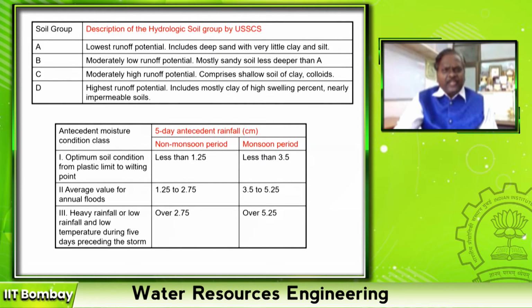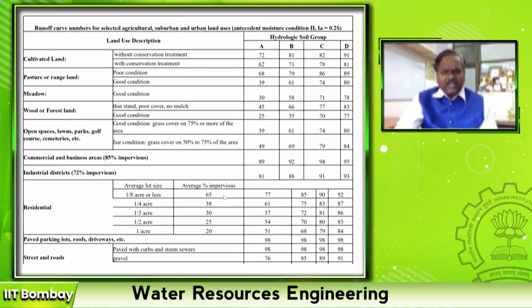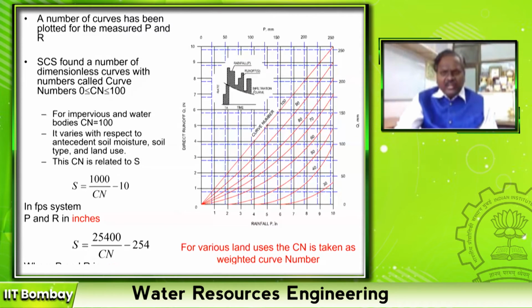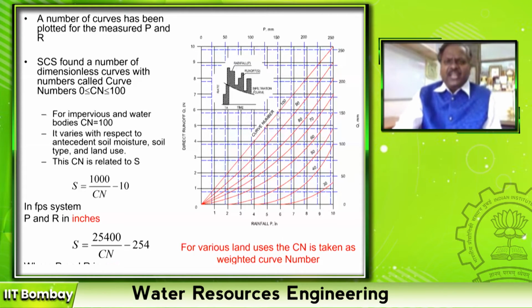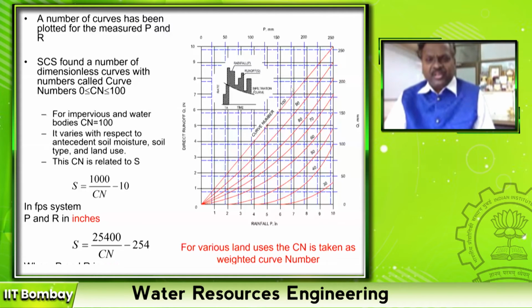Okay, now let us see what this curve number is. Initially they used this curve number to draw this type of figure. You can see rainfall and direct runoff. For different curve numbers they have given a relationship. Initially it starts highly nonlinear, and as the curve number increases the relationship becomes a straight line, or linear.